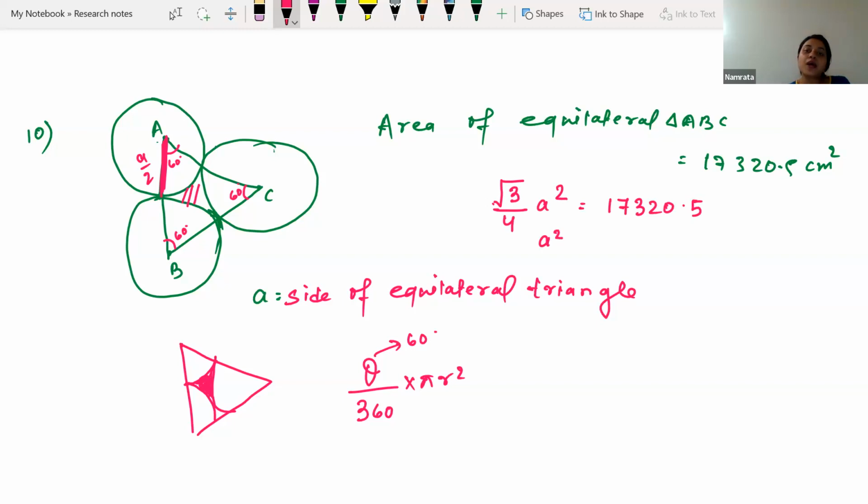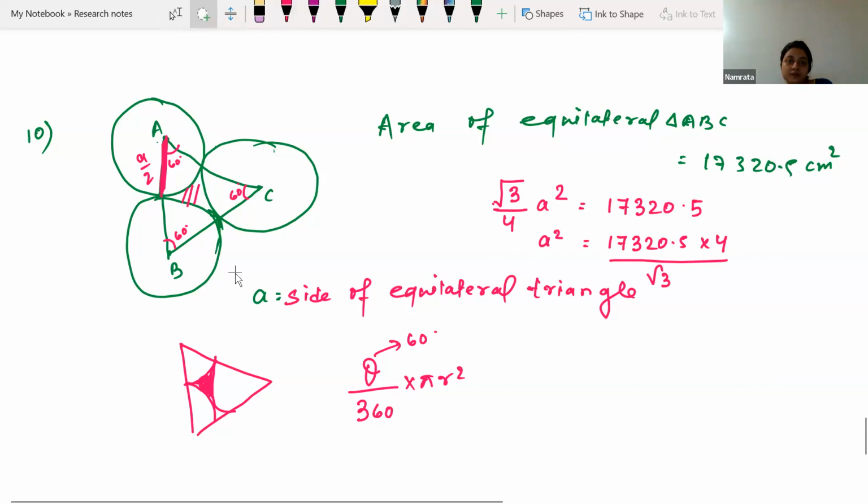From here, a square equals 17320.5 into 4 divided by root 3. Is it okay to you? Jasleen and Madhya? Yes, clear ma'am.